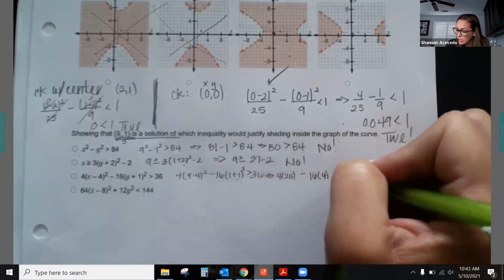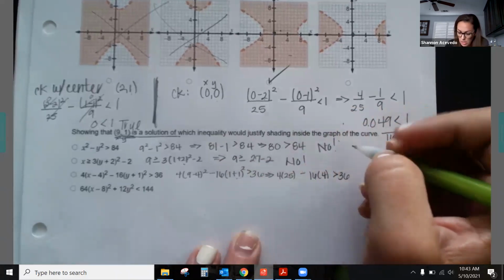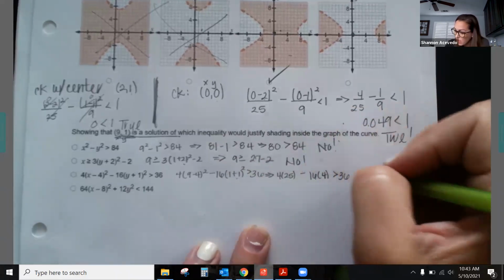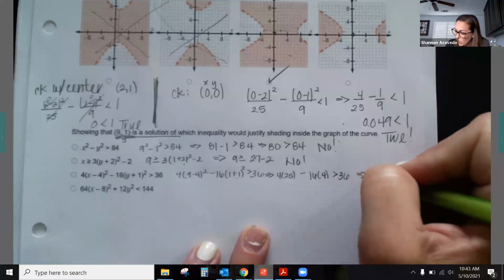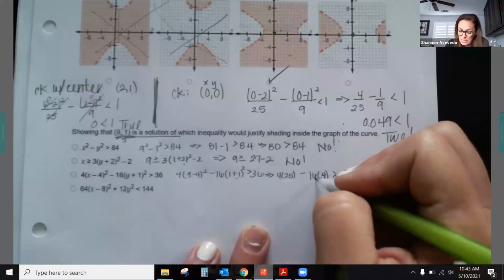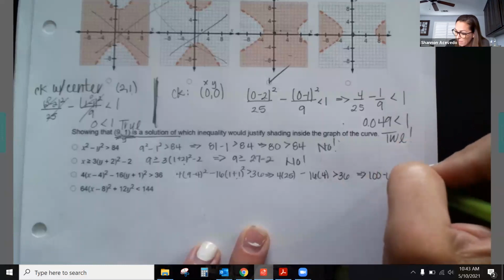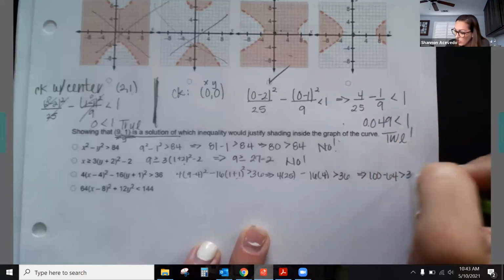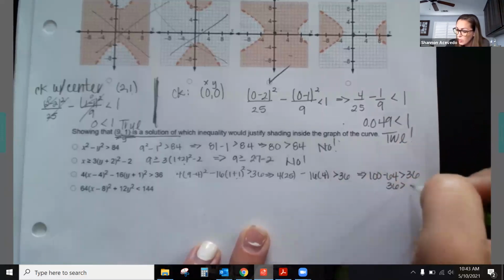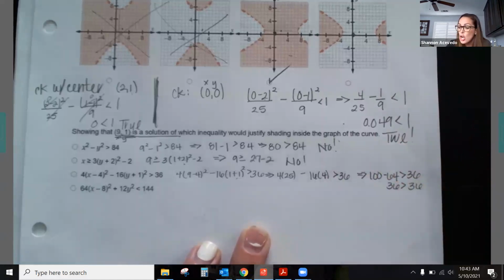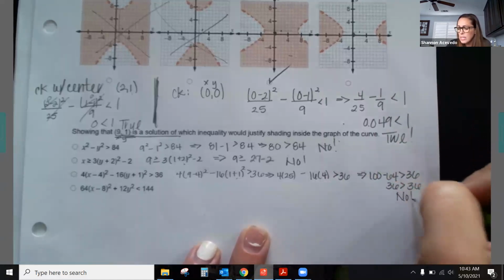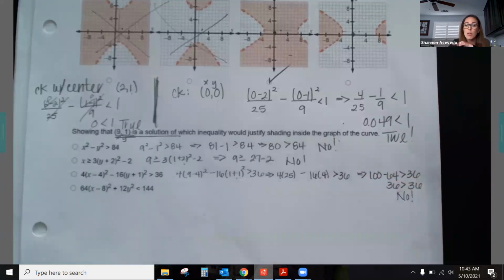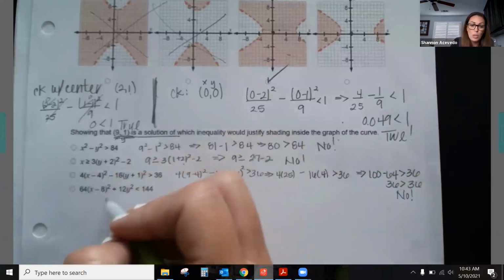Is that greater than 36? So this is going to be 100, 4 times 16 is 64, is that greater than 36? Well, this is 36, is 36 greater than 36? No, not true. Some of you guys go, but wait a second, it'd be different if it had the equal sign there. If it said greater than or equal to, then that would be valid. But it says strictly greater than, and that is not a true statement. So we know it's going to be this one.